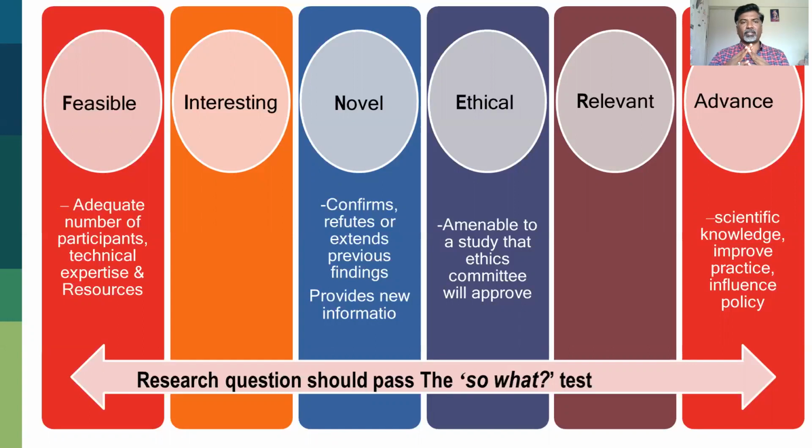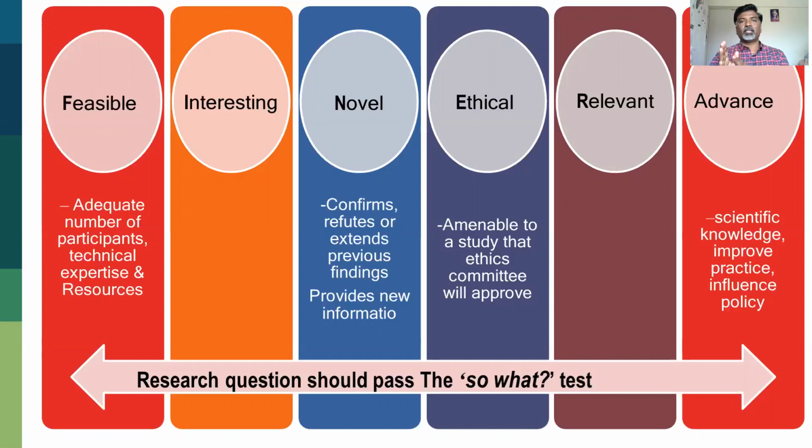Is the research topic I have selected of my interest or not? Is it novel work or not? If the work is already confirmed by somebody else and I am repeating the same work, then that is not good work. So that work should be novel. What practices am I going to use in my research work, and are they ethical or not? That also you have to take into consideration.